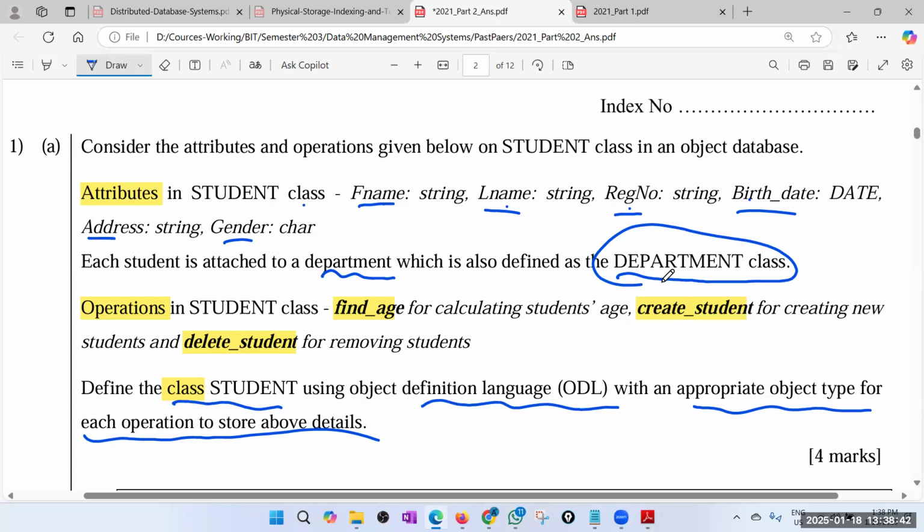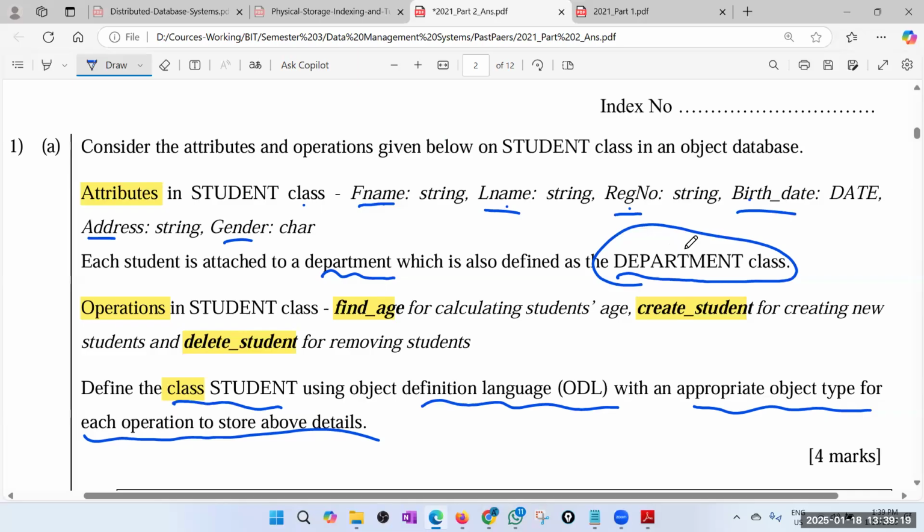Sorry, for create student, you must return an object of student, the object that you just created. For delete, of course, when you delete, nothing is there. So there you return true or false, whether the delete is success or fail. So for create statements, you must return an object of the same type. Other methods you must decide depending on your logic. But for delete, you must return true or false, or Boolean.